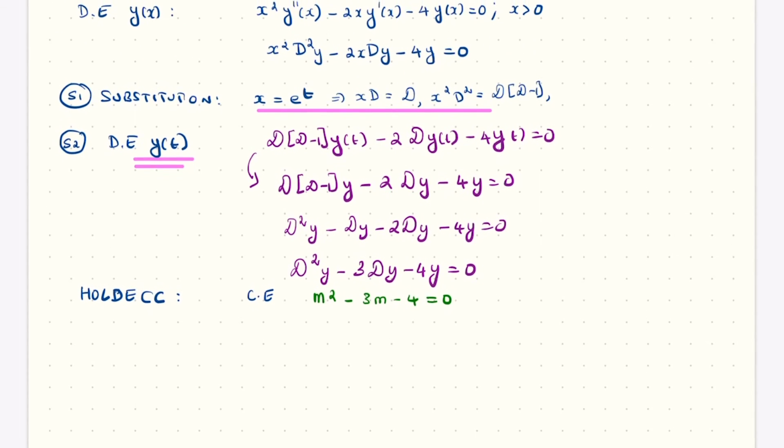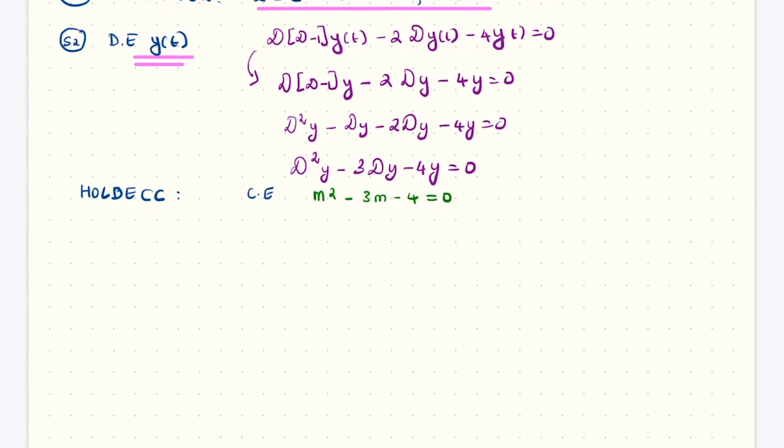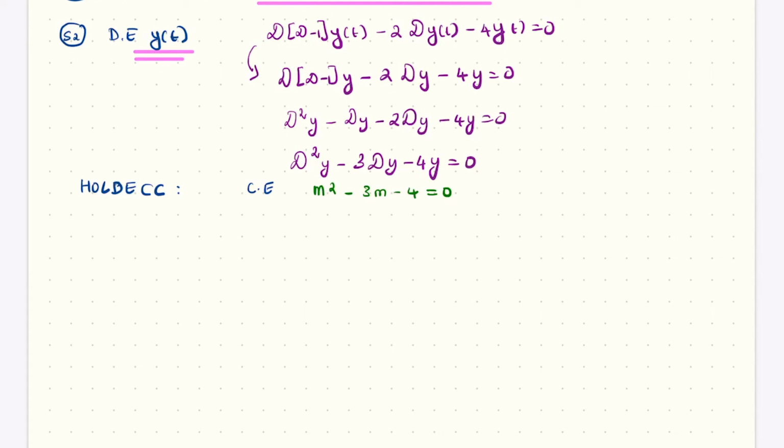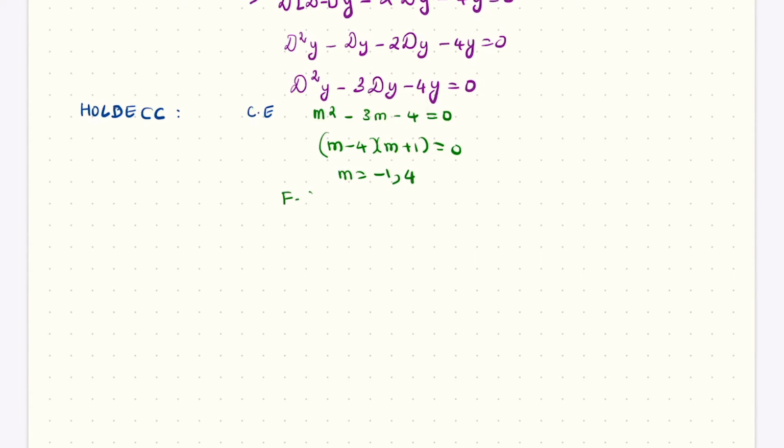And that tells me the solution, if I factor this out, is m minus 4 times m plus 1 equals 0. So m is equal to negative 1, 4. And so therefore, our fundamental set of solutions is going to be e to the negative x and e to the 4x. Is that right?